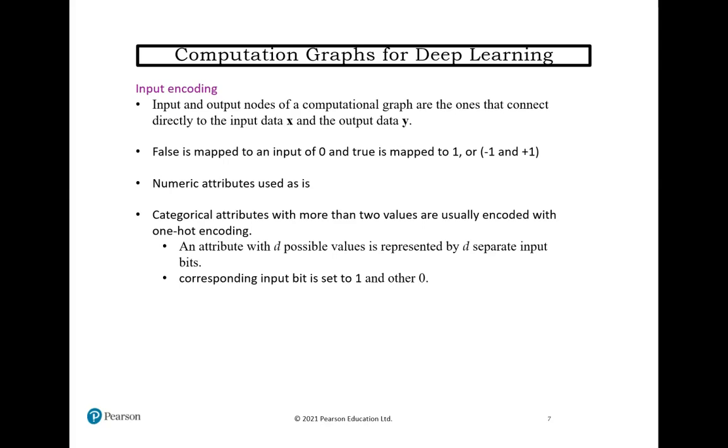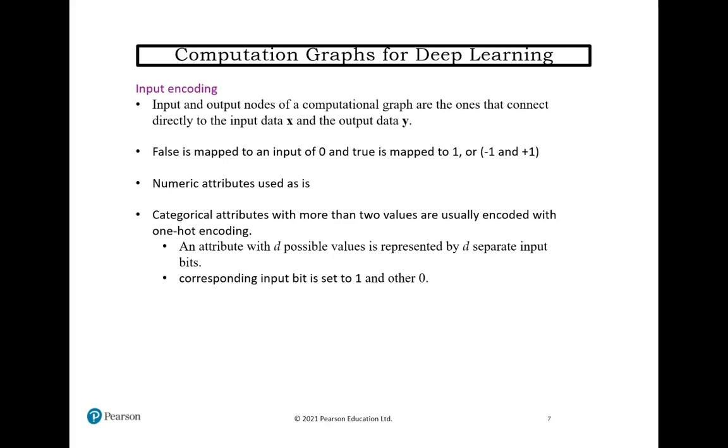And if we have a categorical attribute, like the different types of restaurant in the restaurant example, Chinese, Mexican, and so on, we can use what's called one-hot encoding to translate this categorical data, which is English, into numeric data, so vectors of ones and zeros.